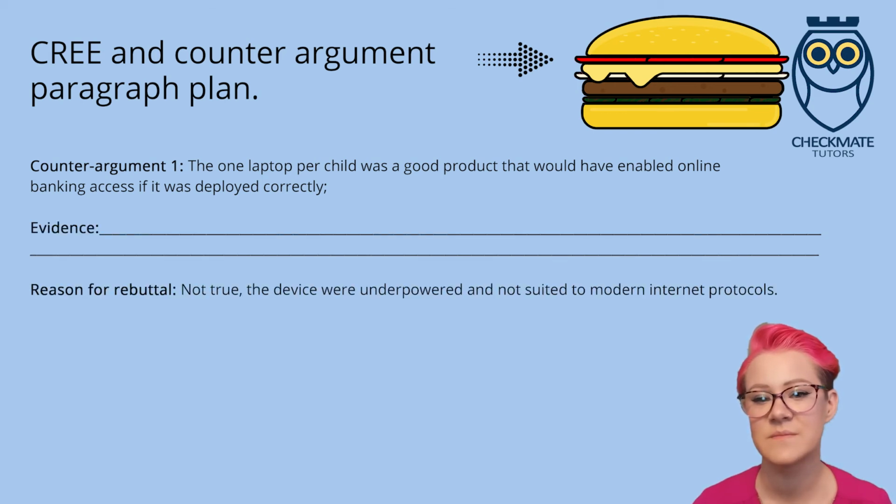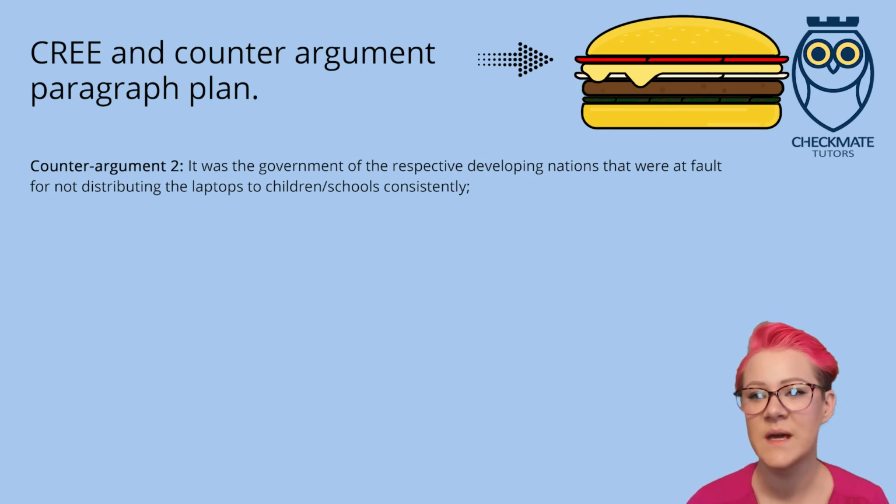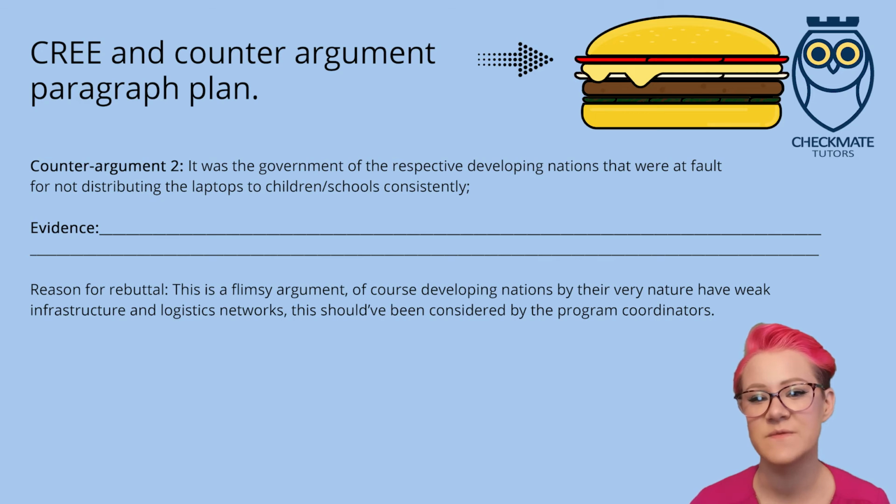Evidence, reason for rebuttal. Counter-argument 2. It was the government of the respective developing nations that were at fault for not distributing the laptops to children and schools consistently. Evidence, reason for rebuttal.